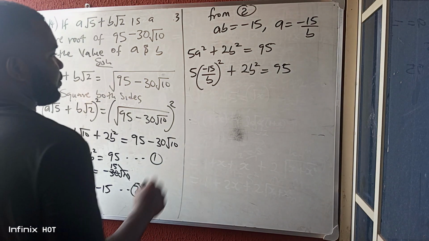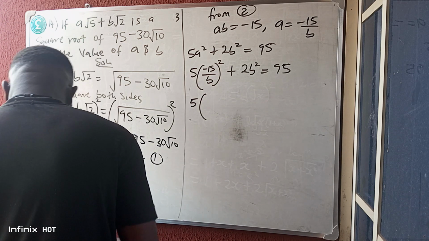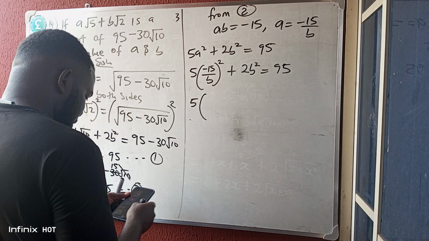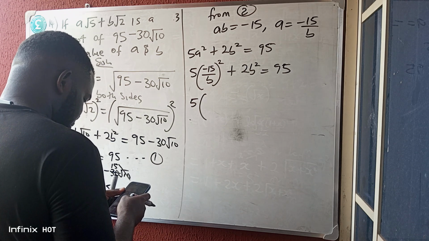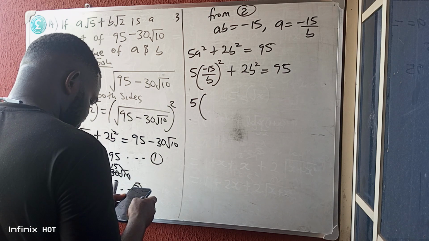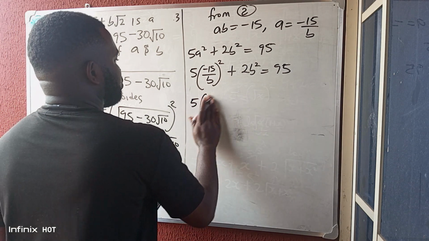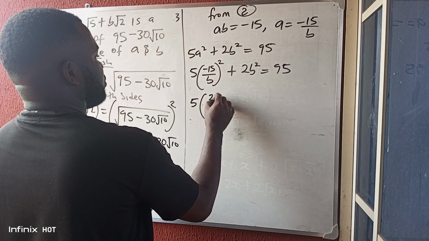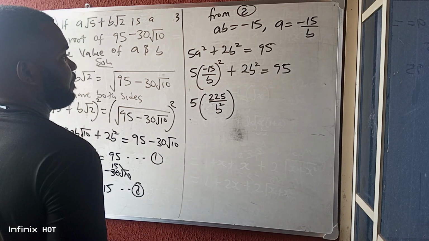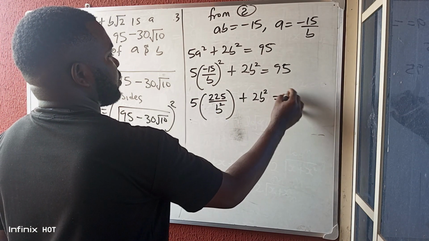So what do I have now? I'm having 5 into 15 squared, so 225 over b squared. 225 over b squared, plus 2b squared is equal to 95.